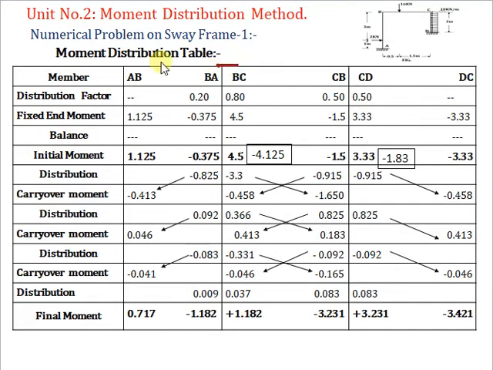We also completed the moment distribution table by considering the frame as a non-sway frame. Even though it is a sway frame, first we have to do the analysis by treating it as a non-sway frame, and then we find the final end moment for each span.